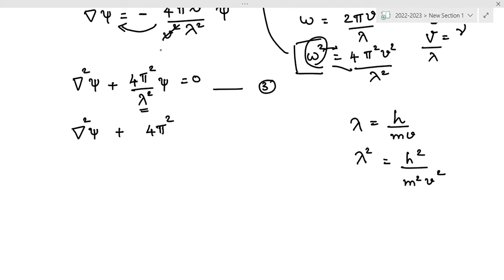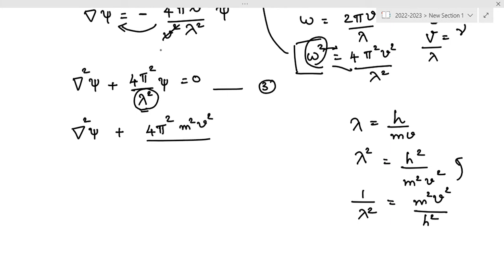And here in this equation we have 1 by lambda square, so we are reciprocating it. We get m square v square divided by h square. So instead of lambda square, I am going to substitute m square v square divided by h square, and psi is here. Psi is equal to 0.